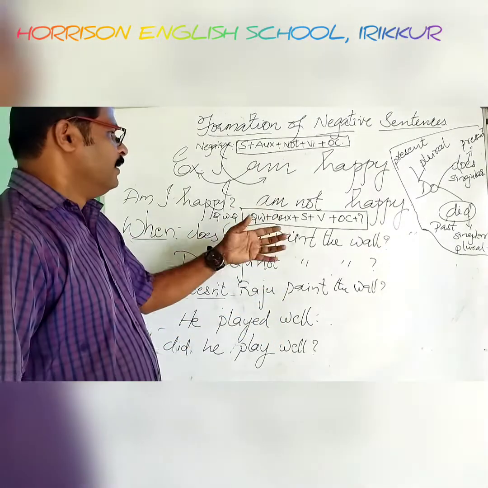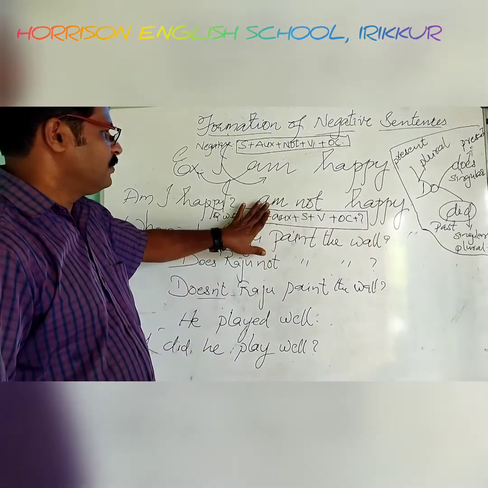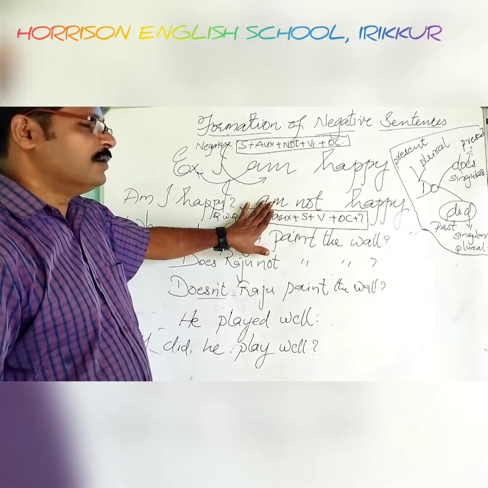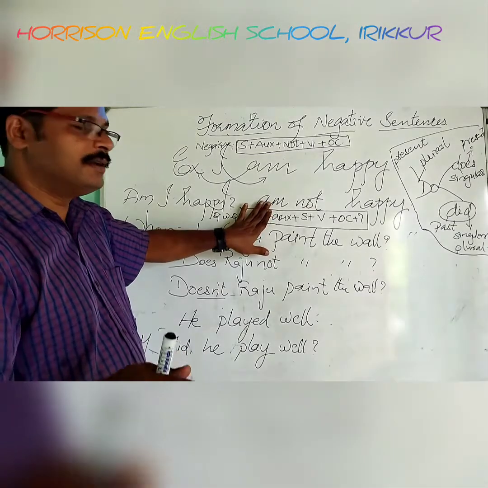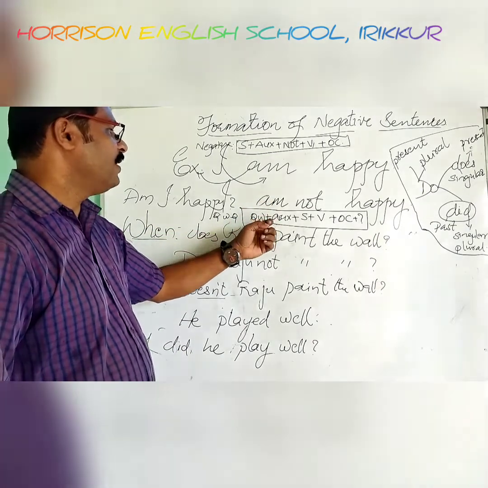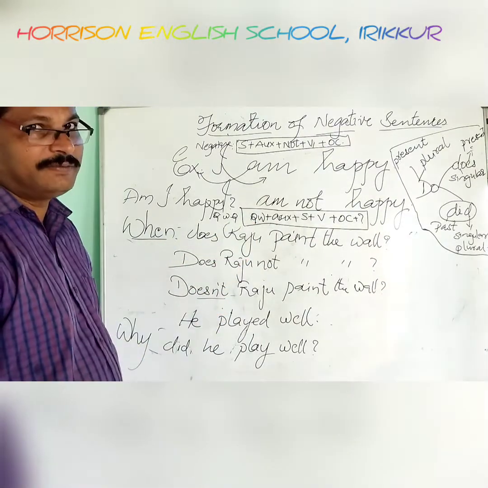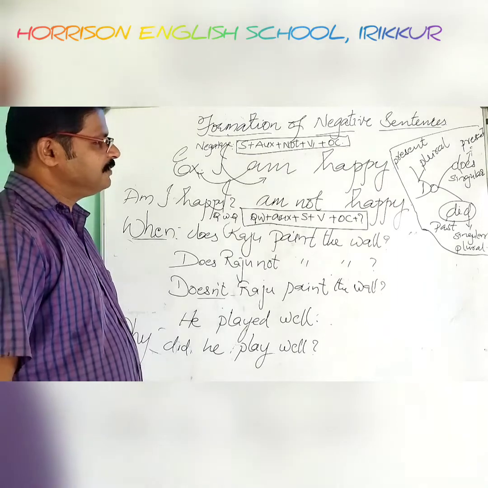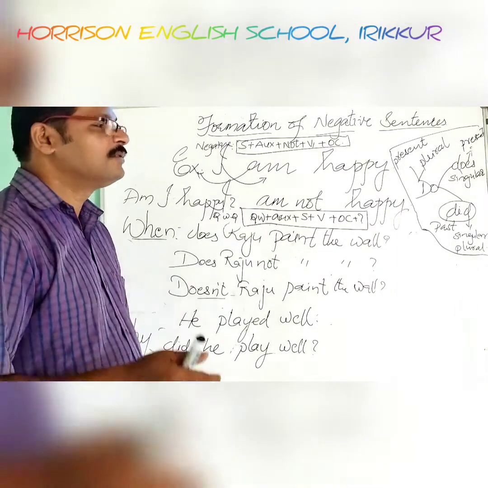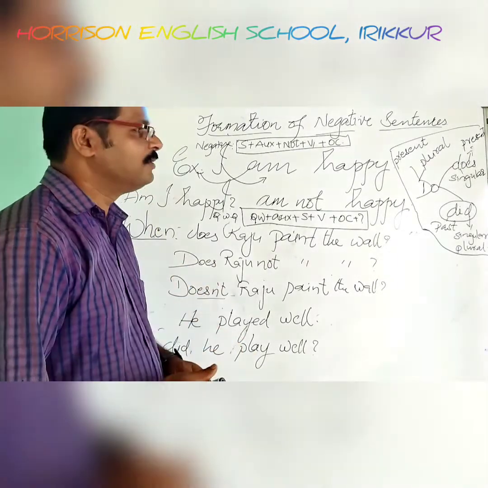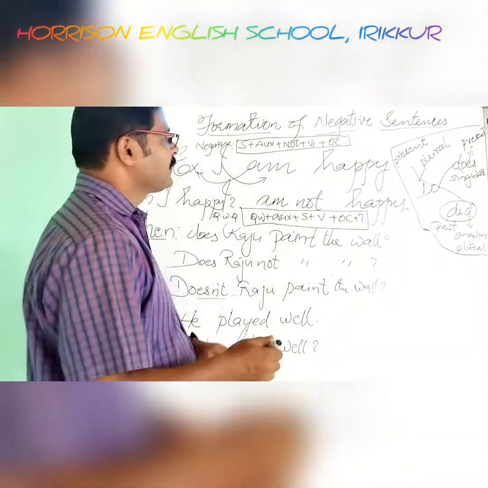Now, the structure we already saw: auxiliary plus subject plus verb. Now the question word question. If you add a question word before the auxiliary in a yes or no question, we get a question word question. This is easy, no?